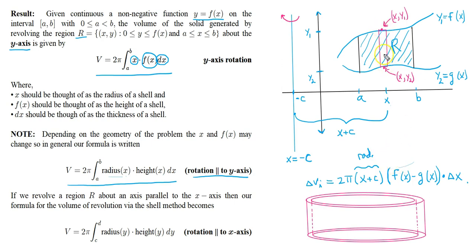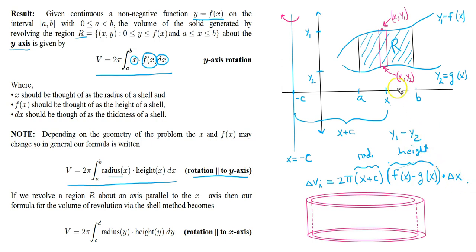Now the height of the shell is going to be y1 minus y2, and y1 is equal to f of x and y2 is equal to g of x, and so this term right here is going to be the height of our shell.